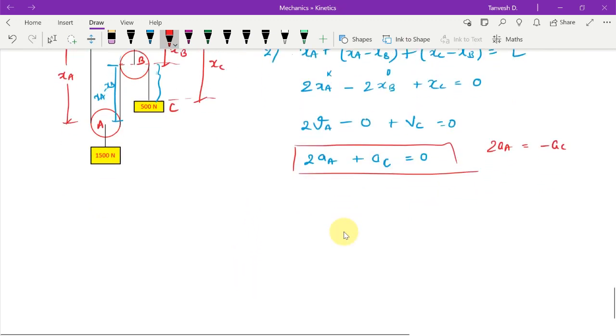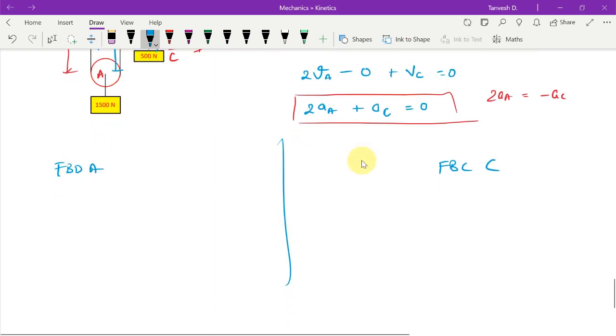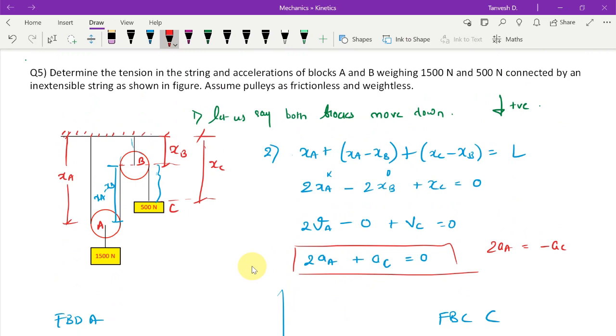What else? Okay, so now we can draw the FBD of A, and then we'll draw the FBD of C. So at A, FBD of A, and FBD of C. We see that this is A, and we have here two tensions T. Okay, you can see that this tension will be the same along the entire string, correct?